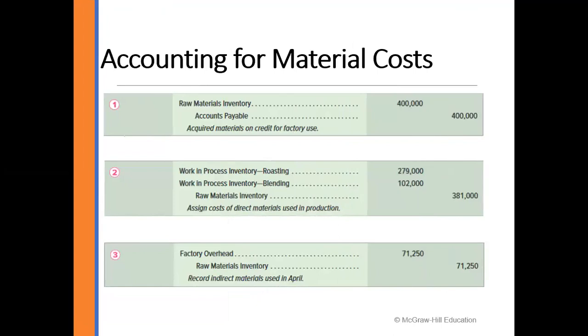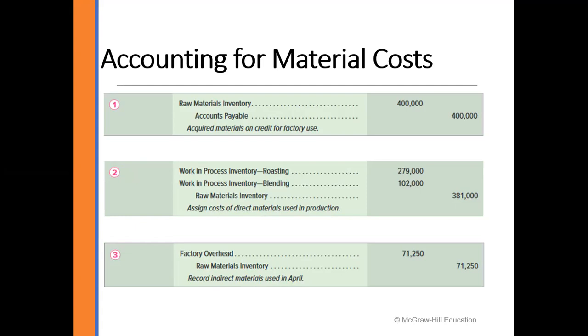All right, and then the journal entries. The journal entries are very similar to the job order cost accounting journal entries that we looked at. The difference here is that we have multiple work in process inventory accounts.